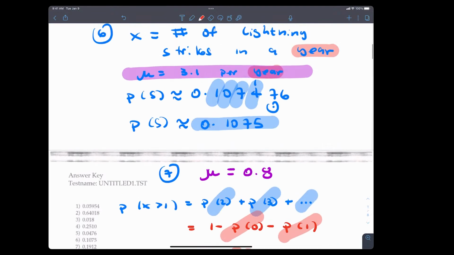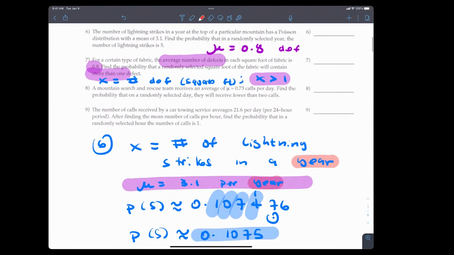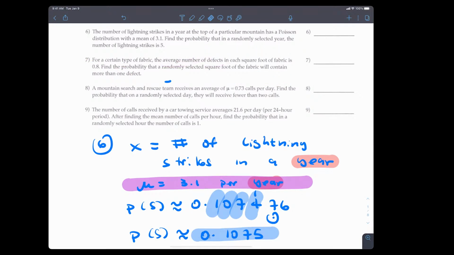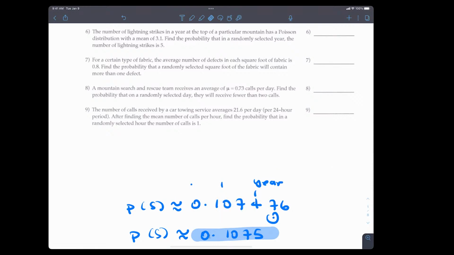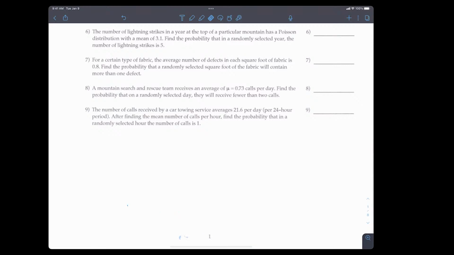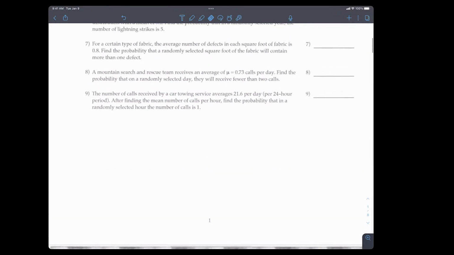Anyway, all right, number 8. Get rid of all this. Number 8. What does number 8 say? A mountain search and rescue team receives an average of 0.73 calls per day.